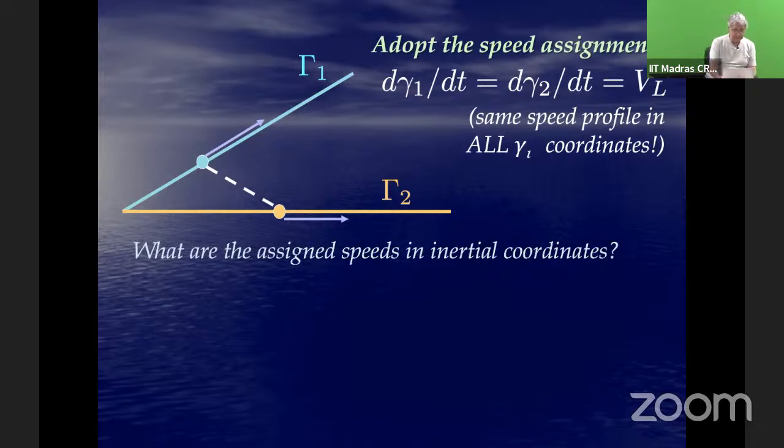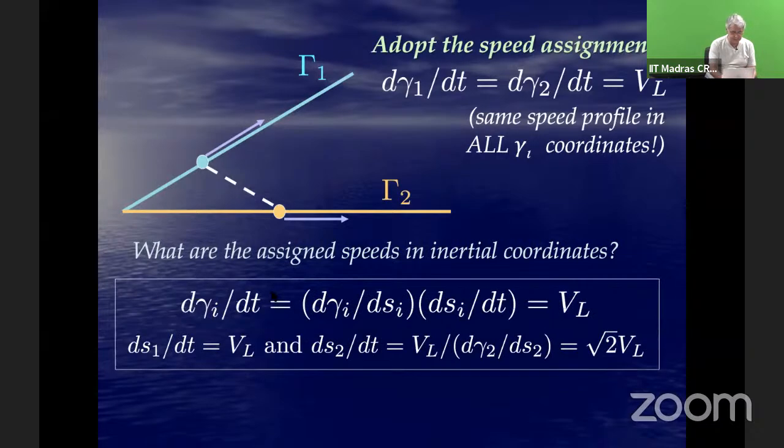Okay, so what are the assigned speeds in the inertial coordinates now? Well, it's easy, because d gamma i dt is d gamma i d s i times d s i dt. So that's how the path parameter depends on the length and then the inertial speed. And this should be VL.